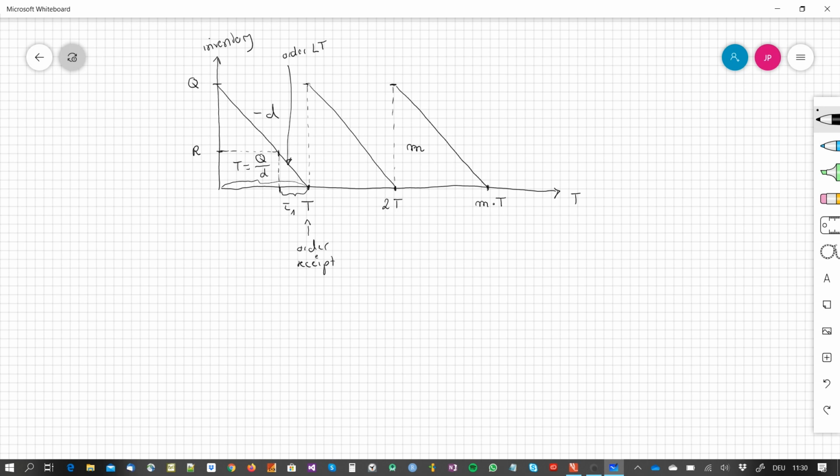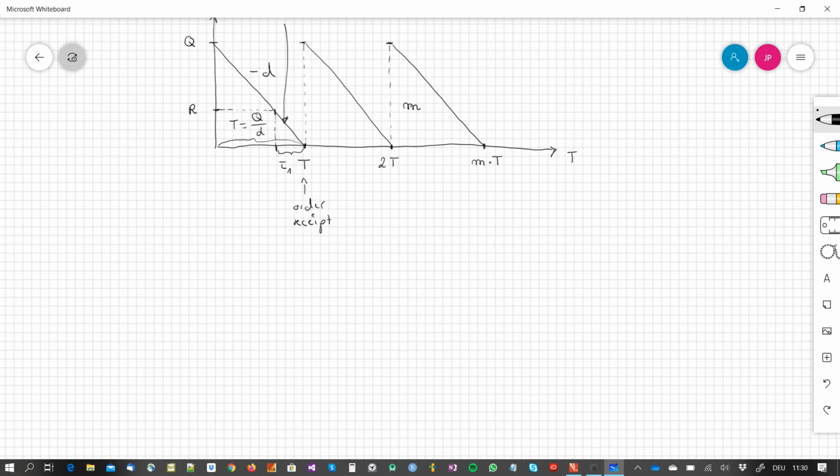What happens now if our order lead time is larger than our T? So what happens in this case? And I write that somewhere else because I need the space. So what if tau 1 is larger than T?